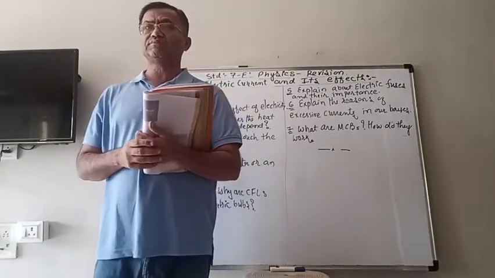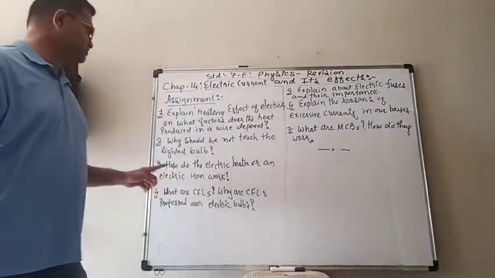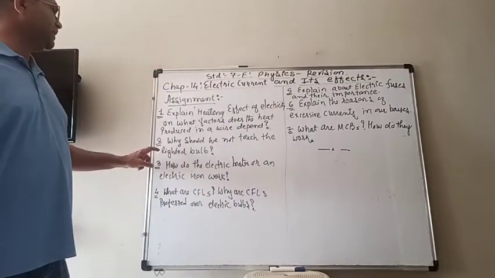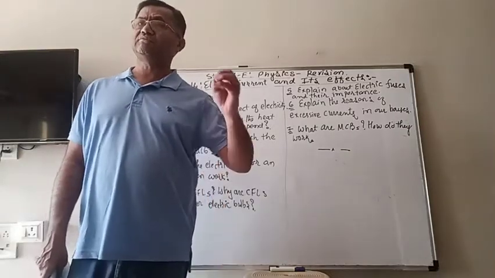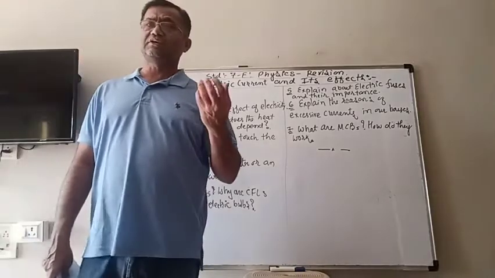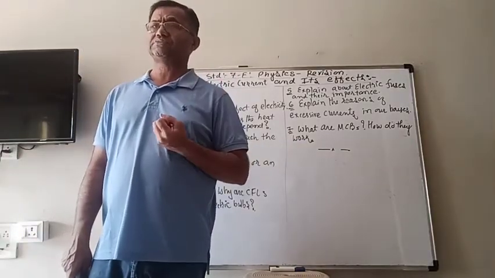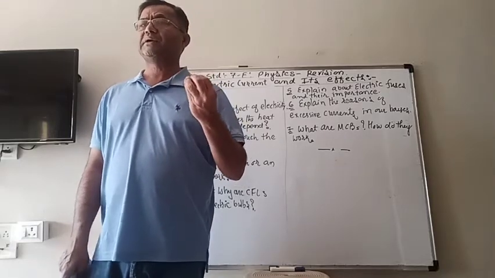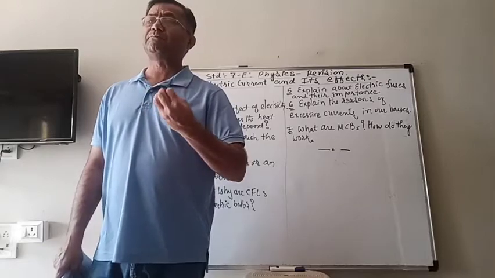And therefore, it is advised that we mustn't touch a lighted bulb, because when the bulb is lighted, the element inside is getting hot, and the bulb can be very, very hot and you can burn yourself.